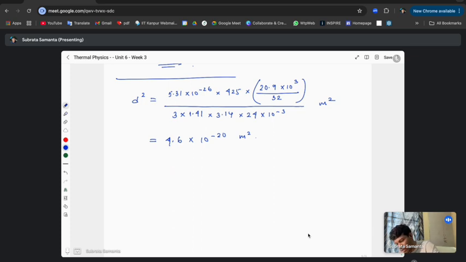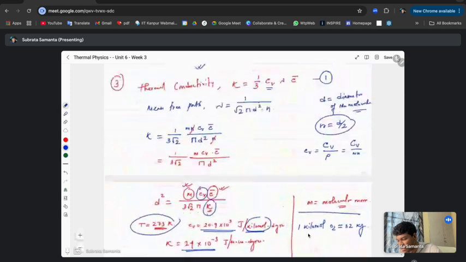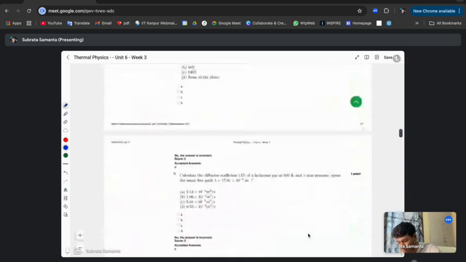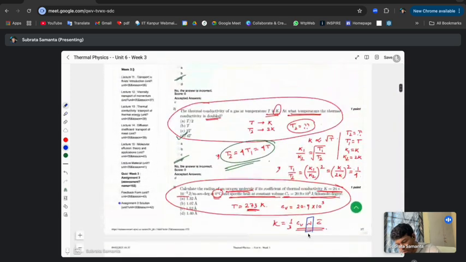So what is the value of then d? The square root of this is 2.15 times 10 to the power minus 10 meter, right? But the answer is given in angstrom, right? Okay. So 1 angstrom equals, if you convert the angstrom into meter, is basically 10 to the power minus 10 meter, right?